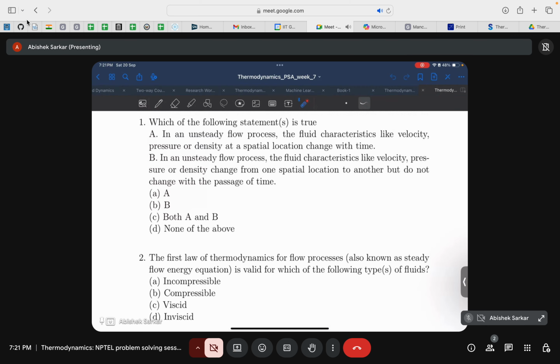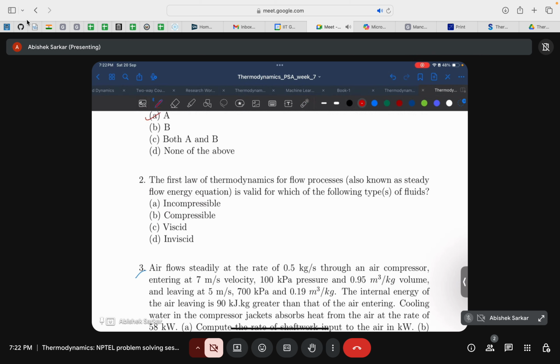You can now look at the next question. I'll again give you 2 minutes to discuss, and then you can tell me. The first law of thermodynamics for flow processes, also known as the steady flow energy equation, is valid for which of the following types of fluids?